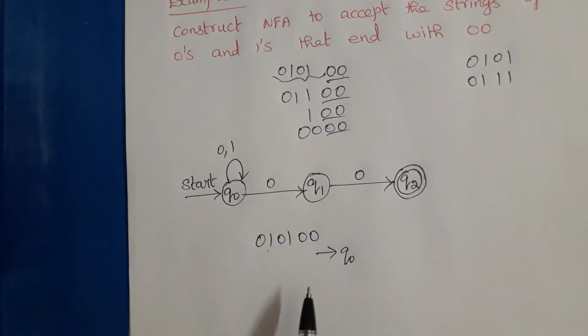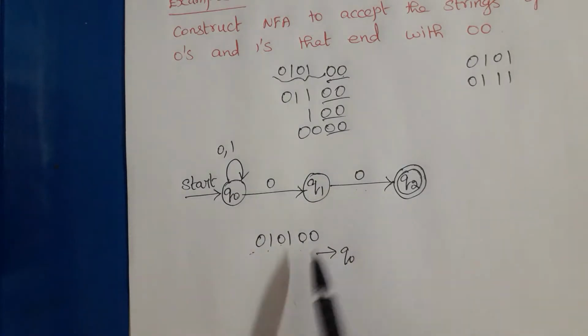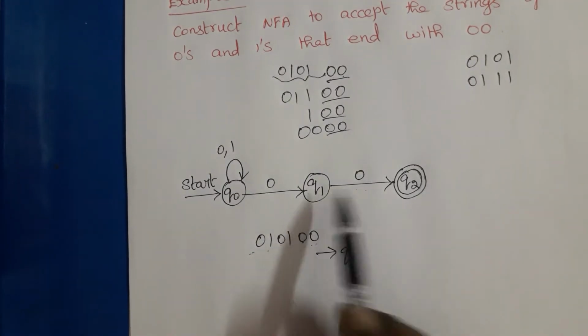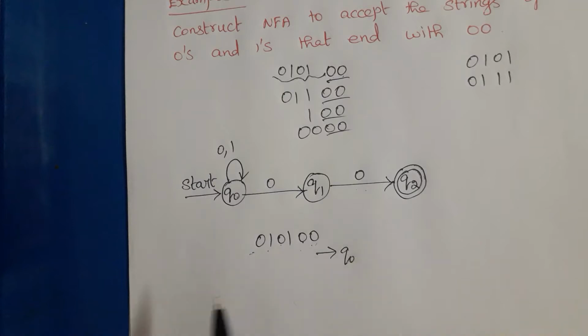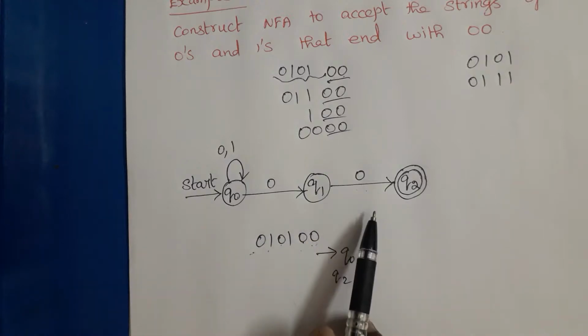But in another case, for the first 4 symbols it will be in Q naught, for the fifth symbol 0 it changes to Q1, and for the final symbol it reaches Q2. So it reaches Q2 in at least one case, which means it is a non-deterministic finite state automaton. So this is the transition diagram representation.